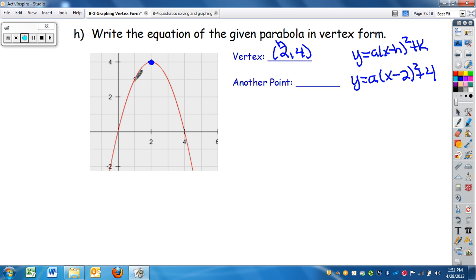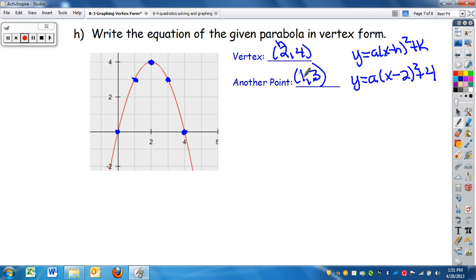And one other point, I'm going to use this point right here, or you could use 0, 0, 4, 0, or 3, 3, doesn't matter. I'm just going to use 1, 3. 0, 0 might have been pretty easy too.